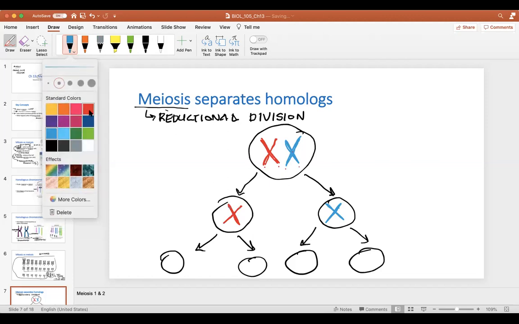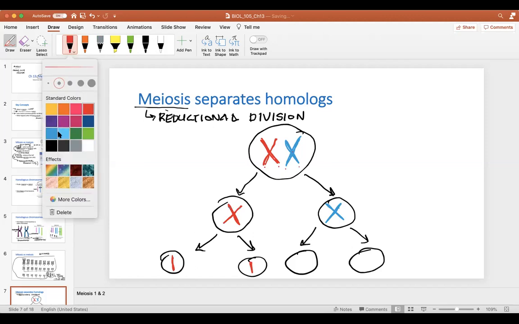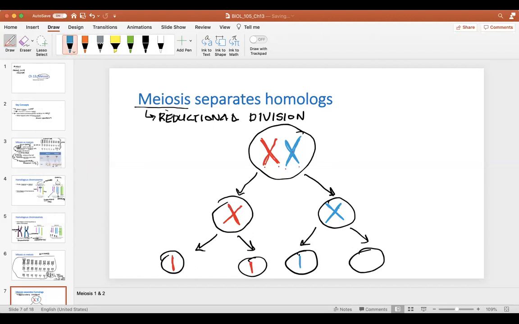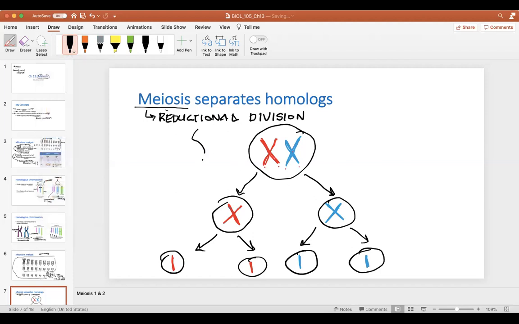And so what's going to happen next is this round of division is going to pull the staple apart. So you have one copy in each there and one copy in each here. Now let's look at what we've done. This section of meiosis is called meiosis 1.